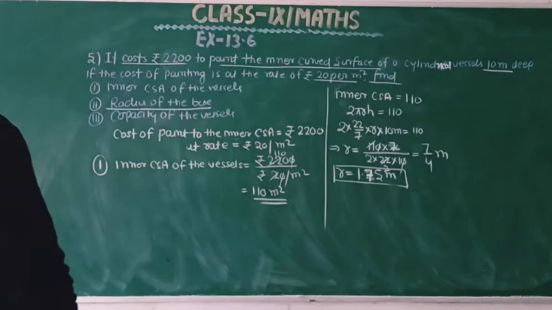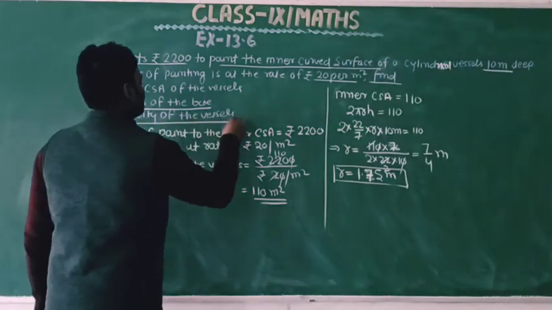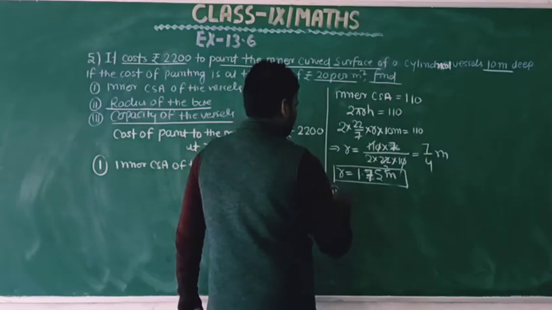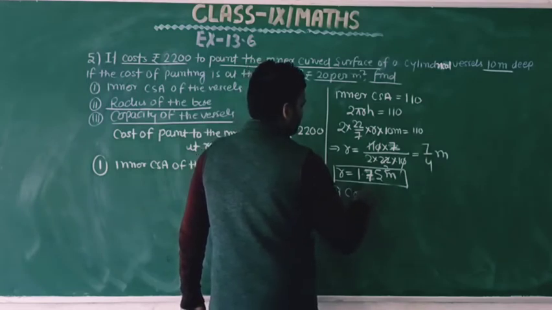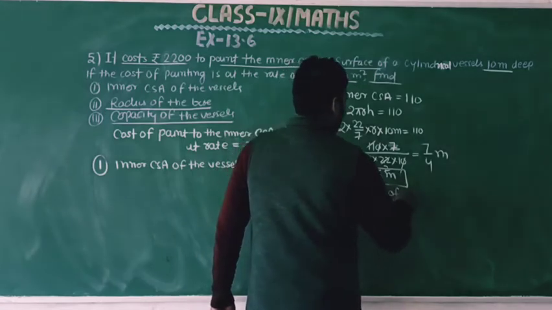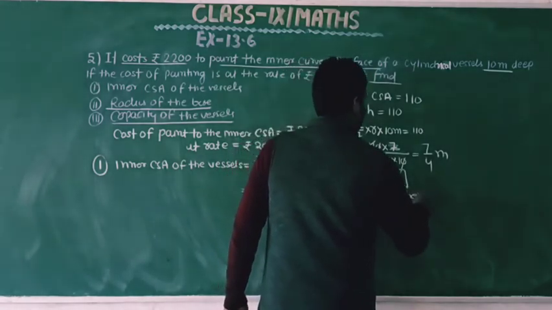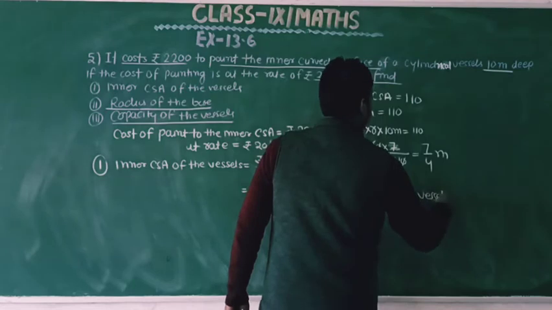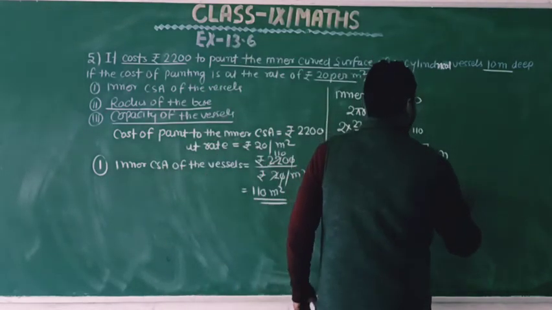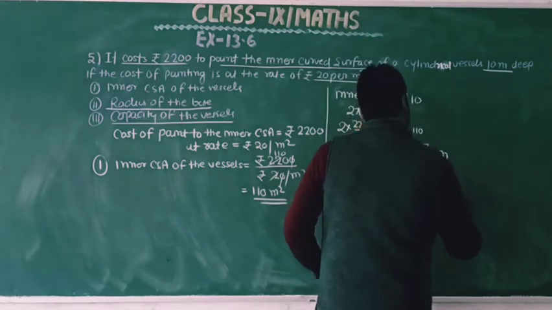And third, we have to find the capacity of the vessel. We know the capacity of the vessel is calculated by pi r square h.